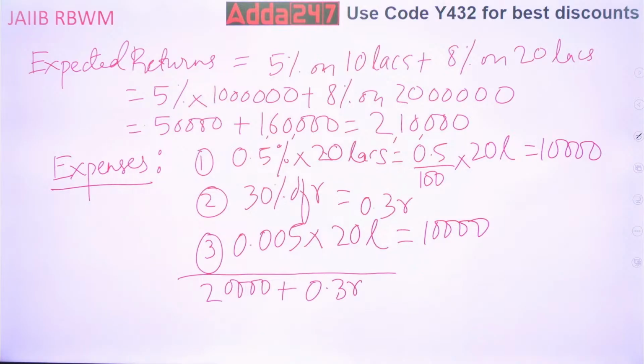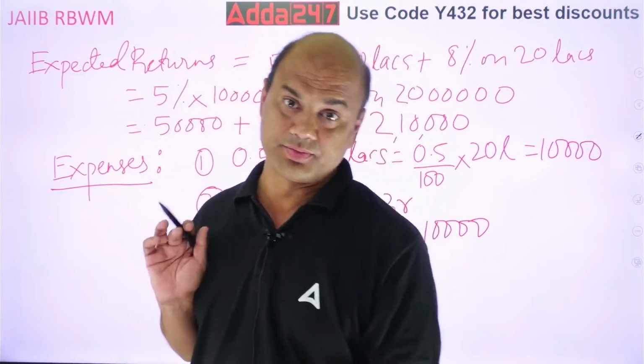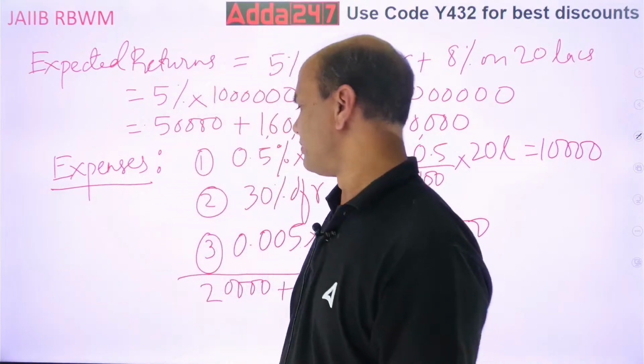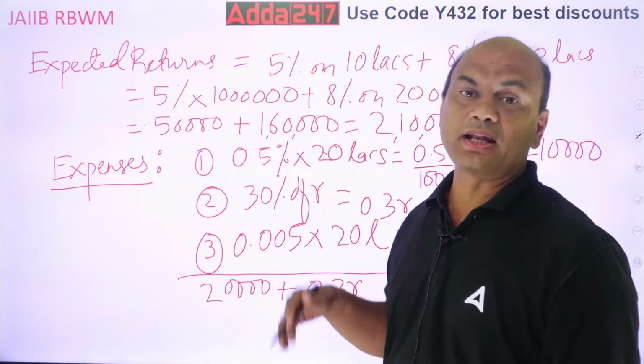For matching this, see, what are your gross returns? Gross income is R. Your rent is your gross income, annual. And these are the expenses. So what is my net income then?